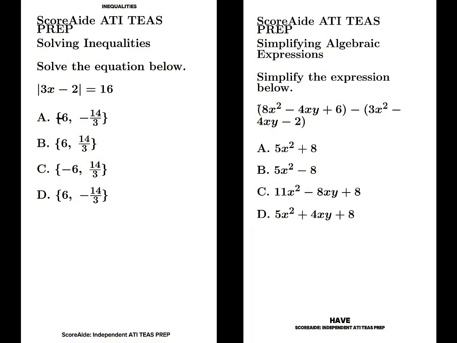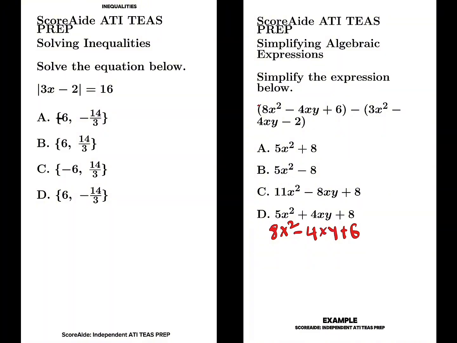So we have this, which will not change: 8x squared minus 4xy plus 6. Now, the way that you align like terms is that you need to look at the variables. Terms are alike if they have the same variables with the same powers, right?